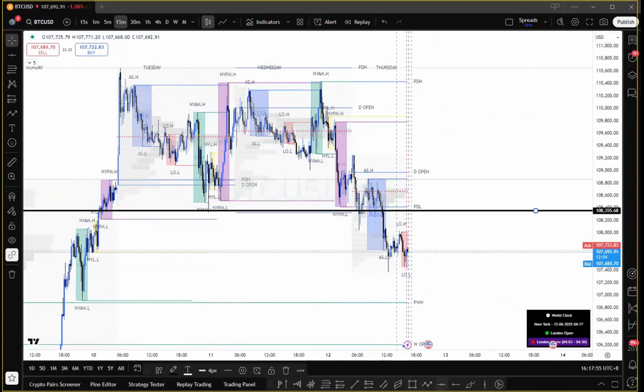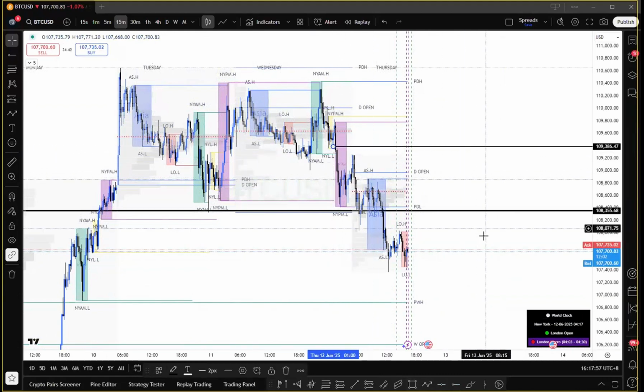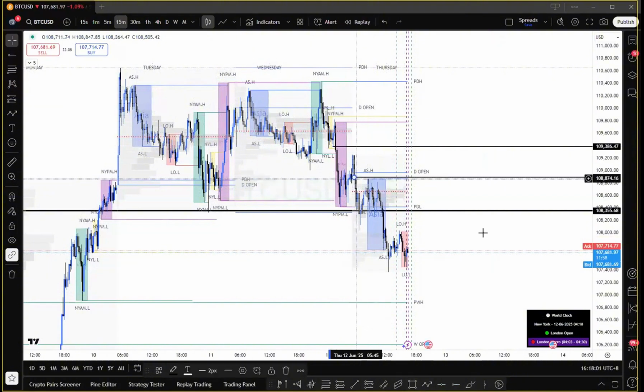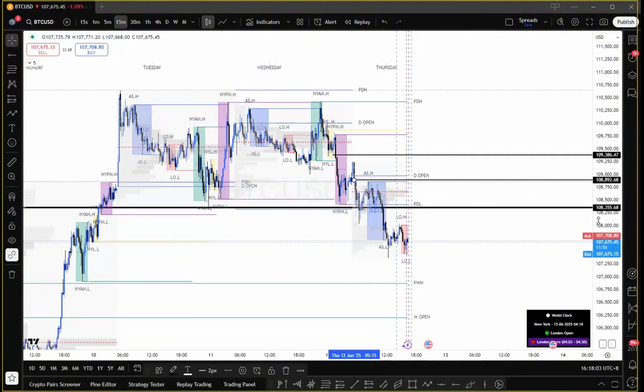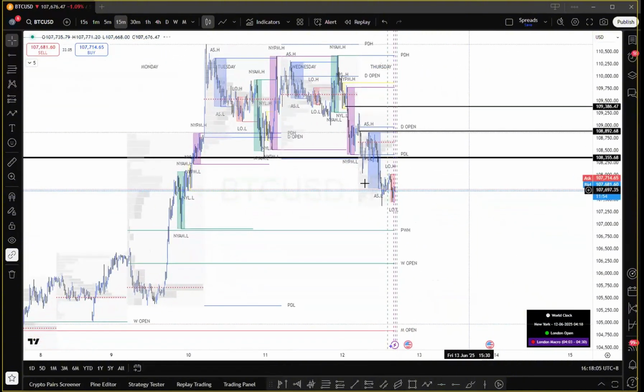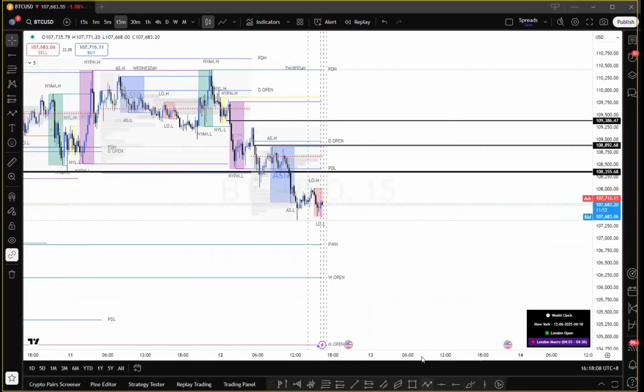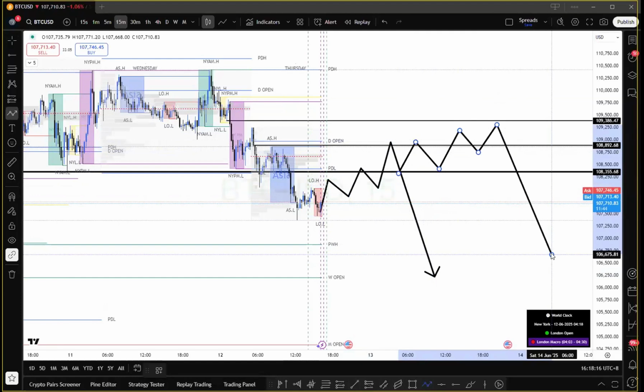Okay, so potentially this high and this high. Okay, so potentially want to see some sort of sell-off back up into here and then sell off, or higher into here and then sell off.